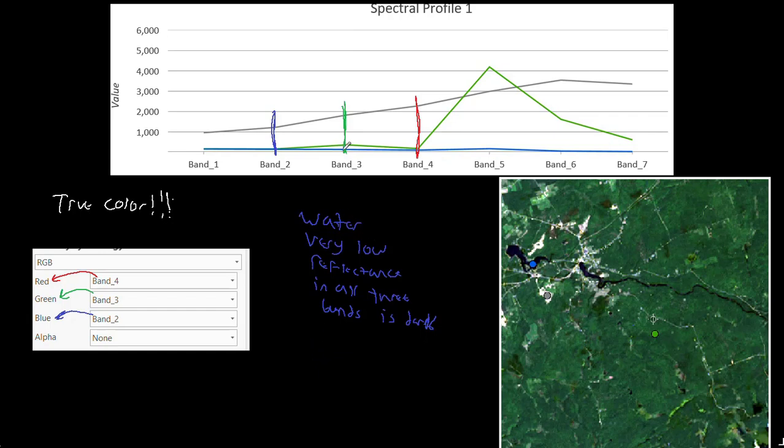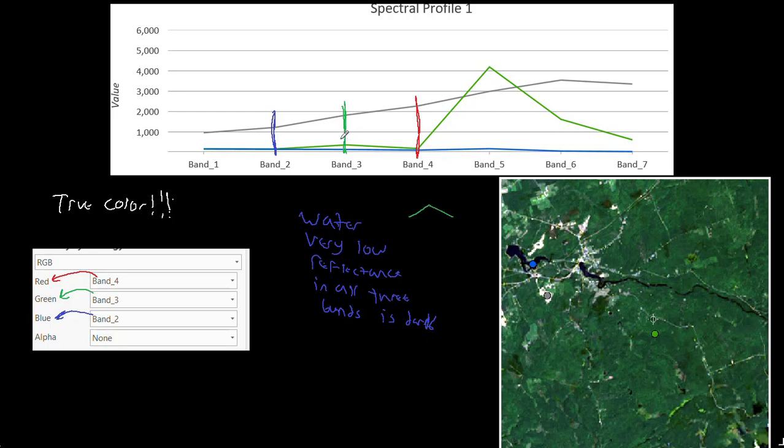But let's talk about vegetation for a second. Vegetation starts low in the blue, goes up a little bit in the green, and then goes back down in the red. So it's got a shape that looks kind of like this. This is what we call the green peak in vegetation. And this green peak means that of these 3 colors, you're getting very little blue, very little red, and some green.